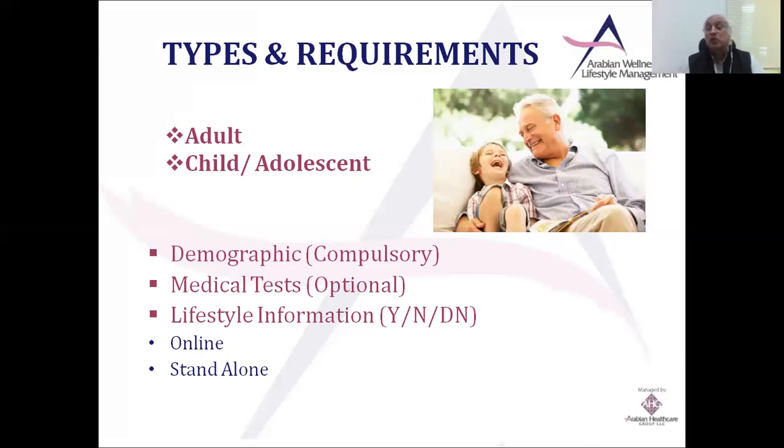We would ask you questions on the diet, on the food you eat, on the exercises you do, on your family history, on your stresses. You would need to answer these questions with a yes, no, or don't know, as the case may be. We would like very much that you give us your medical diagnostics, your blood pressure, your blood sugar levels. But if you don't give it to us, we will manage without it. But naturally, if you give it to us, your prescription will be far more precise.